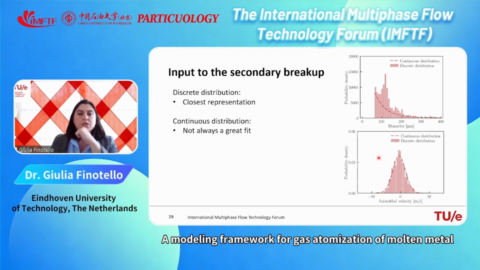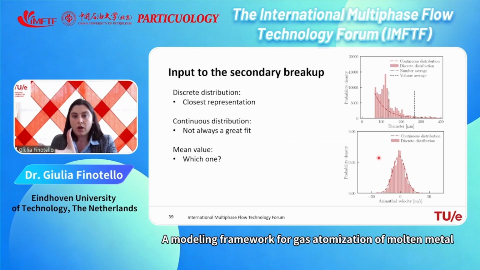The continuous distribution is not always the best fit. And the mean value, well, we also pose the question, which mean value? It's the number average, it's the volume average. There are different mean values, so that's also a choice to be made.